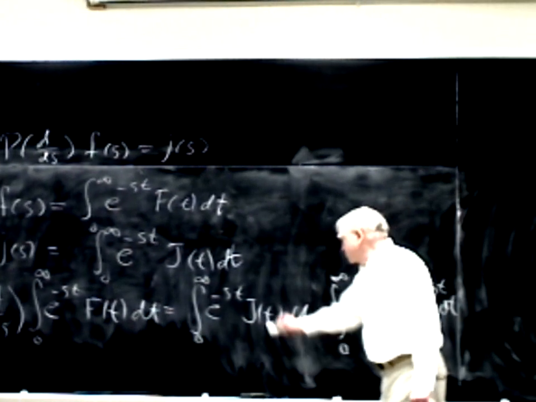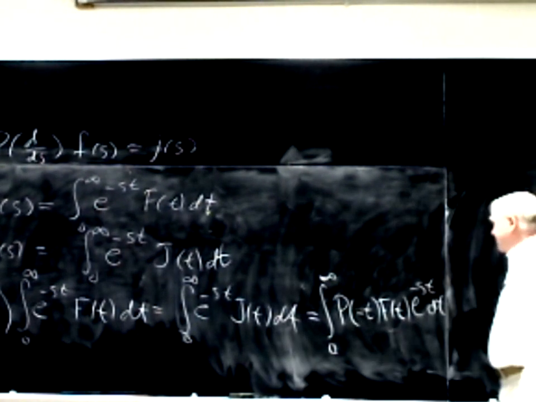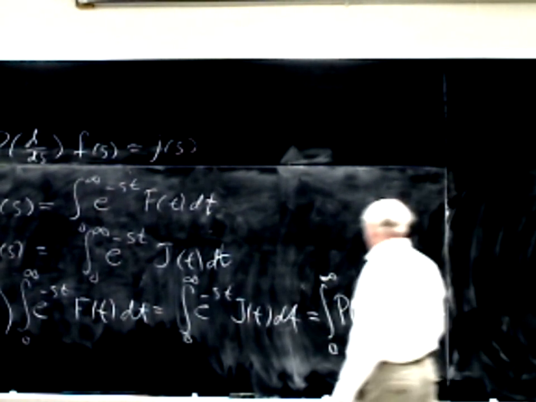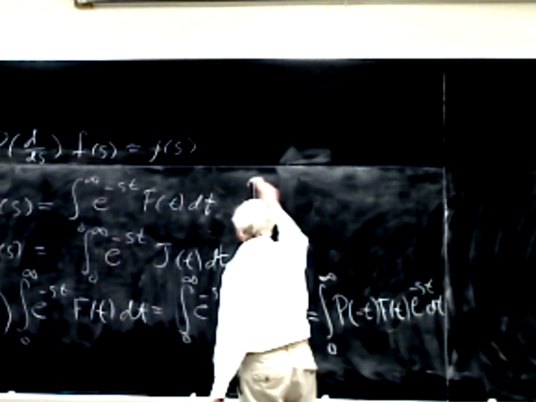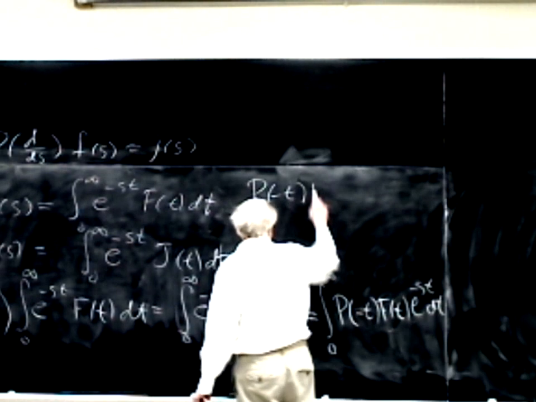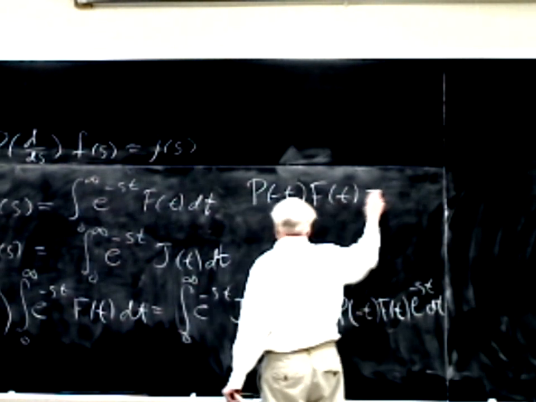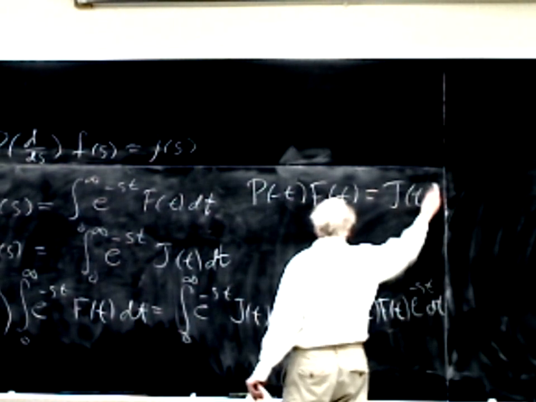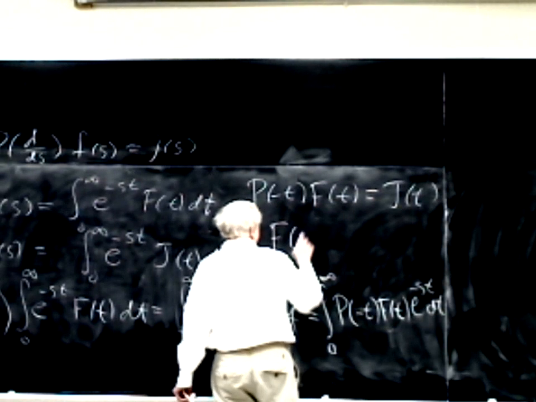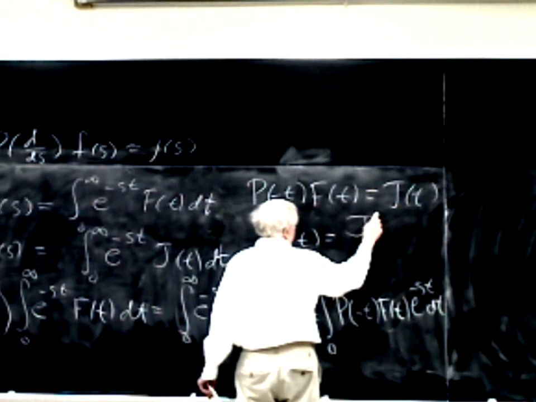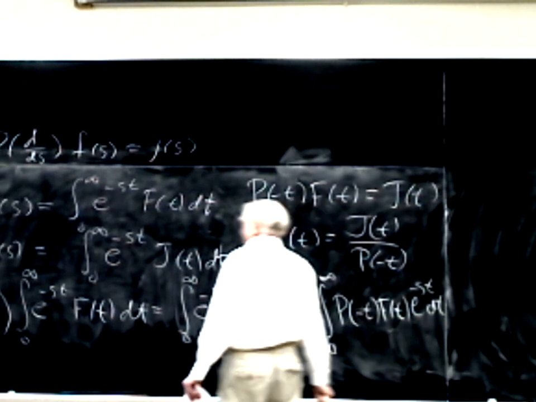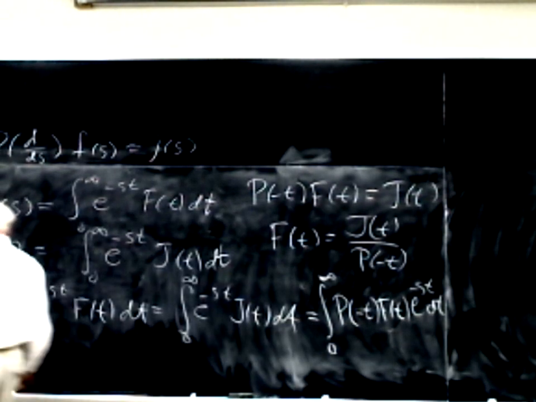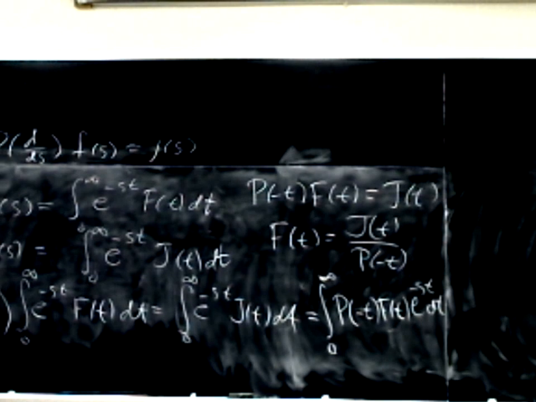So these two equations are equal, and we can solve them if we have p of minus t f of t equal to j of t. In other words, f of t is j of t over p of minus t. So p of minus t just comes from what the differential operator is in the differential equation.